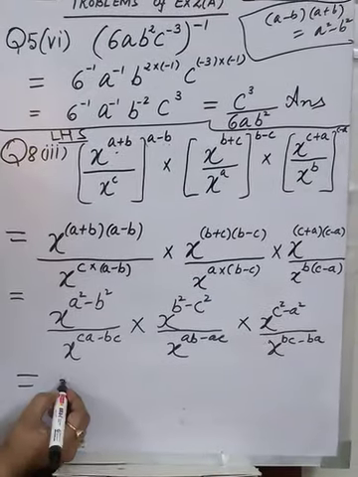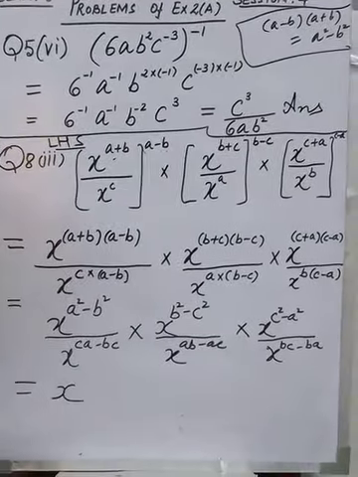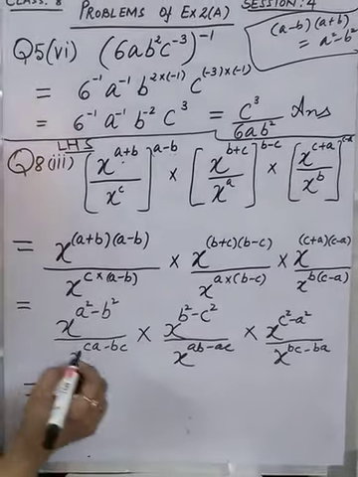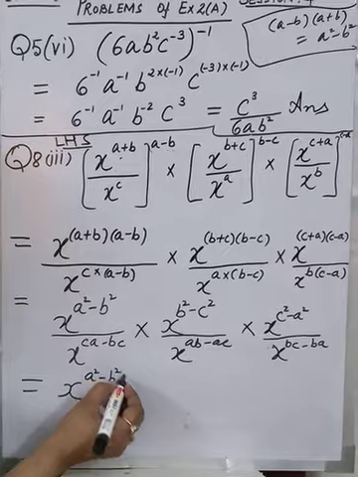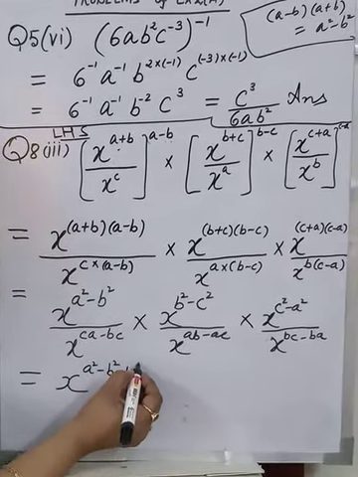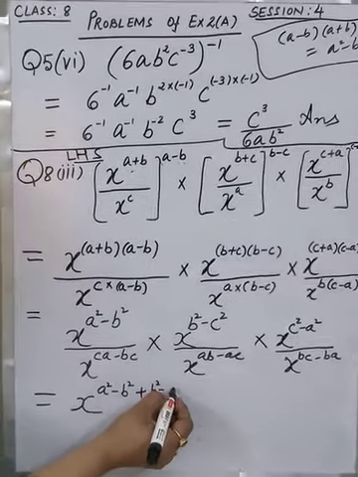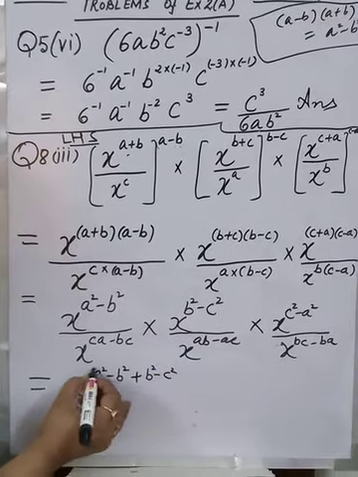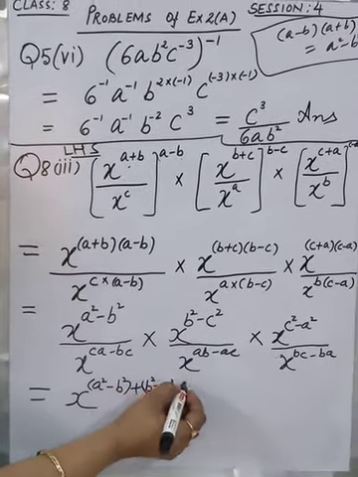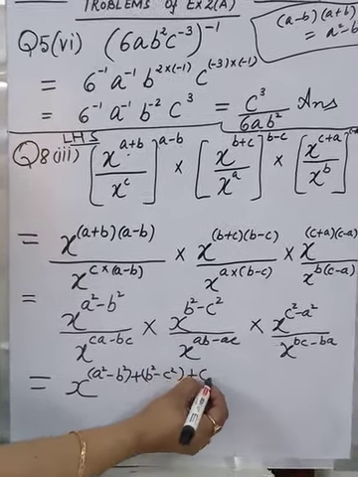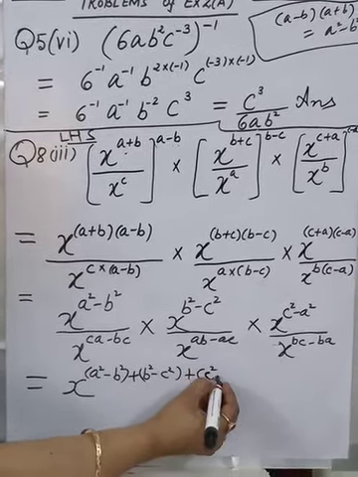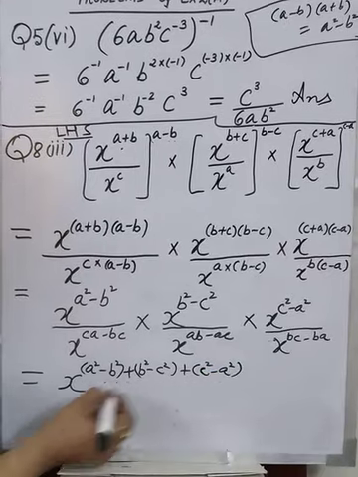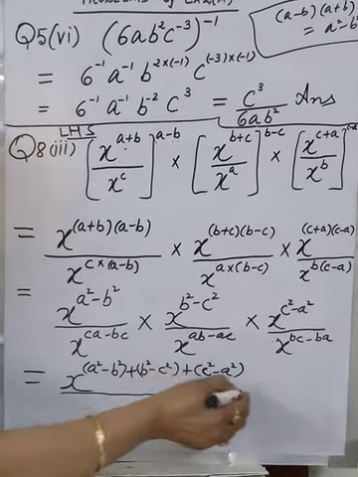So we add all the powers of the numerator together and all the powers of the denominator together. So a square minus b square plus b square minus c square plus c square minus a square. And in the denominator what we get?